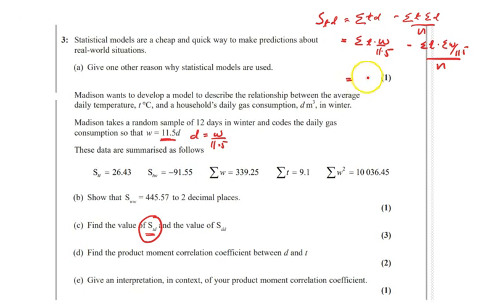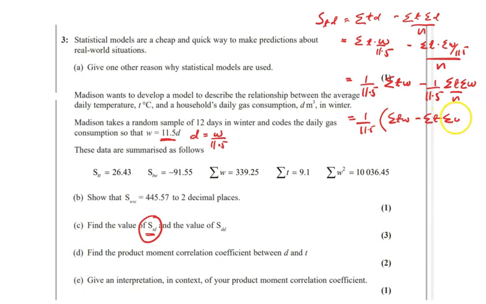So the 1 over 11.5 can be factorized out, and we still get summation of TW minus, and again over here we can factorize the 1 over 11.5, and still the summation of T and summation of W, all of it over N. That means it is just 1 over 11.5 into summation of TW minus summation of T, summation of W over N. That's why STD is just 1 over 11.5 of STW.